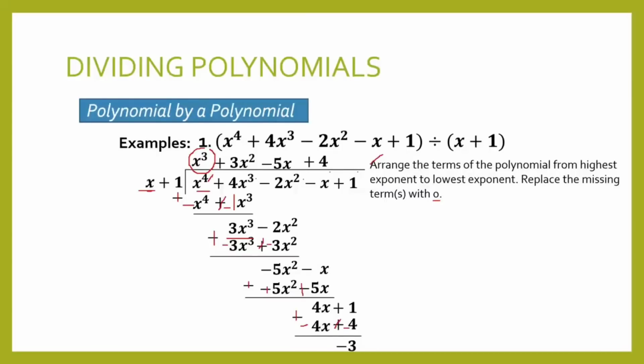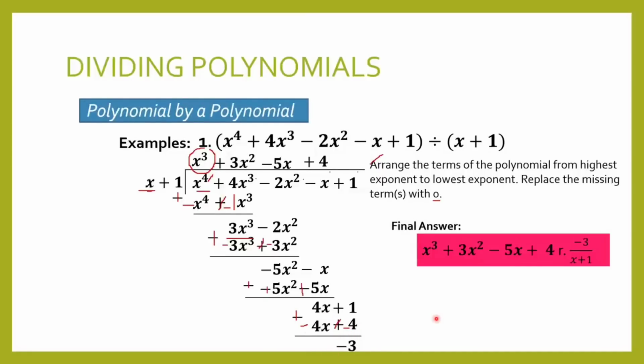Okay, so 1 plus negative 4 is equal to negative 3. That is now our remainder. So to write our final answer, we write x cubed plus 3x squared minus 5x plus 4, remainder negative 3 over our divisor, which is x plus 1. So that is our final answer.